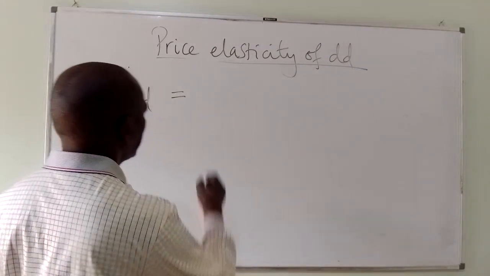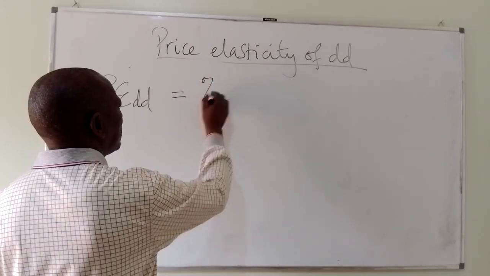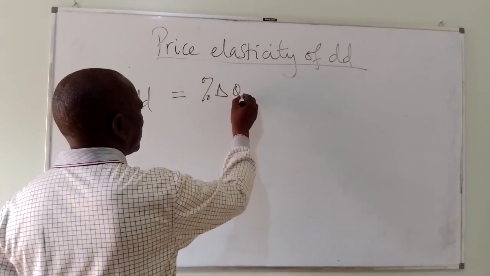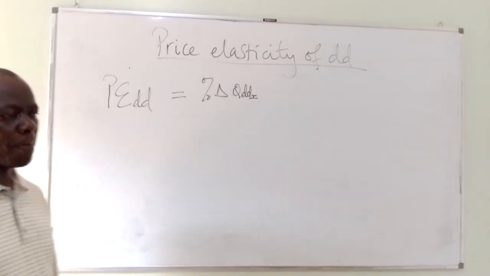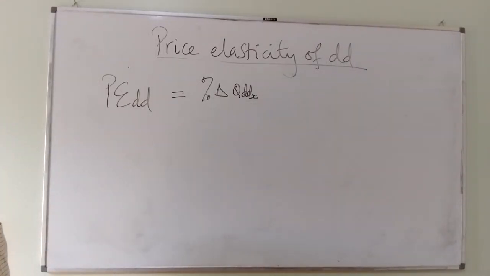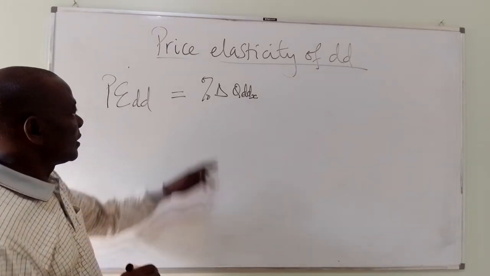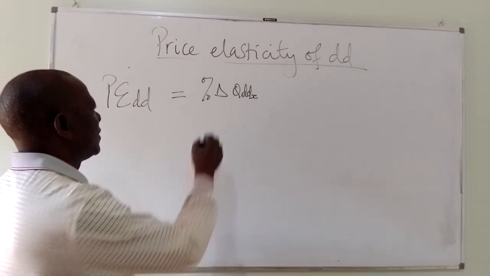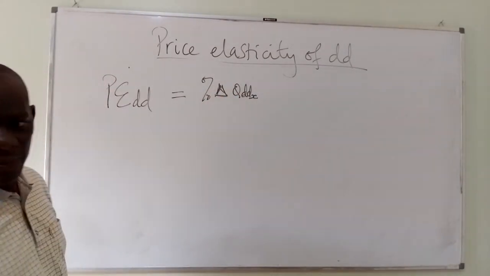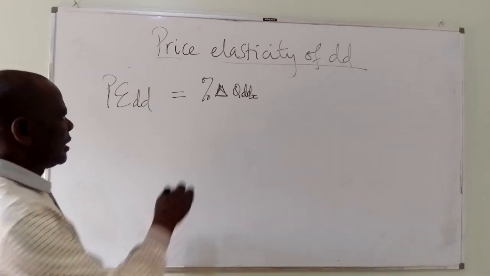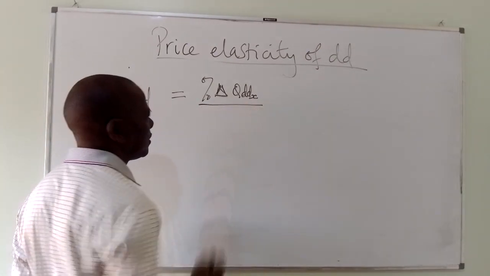We look at the percentage change in the quantity demanded of that commodity X. That X refers to the commodity. This is the percentage change. I said this triangle here represents change, because we are mathematicians. In mathematics, that is change.